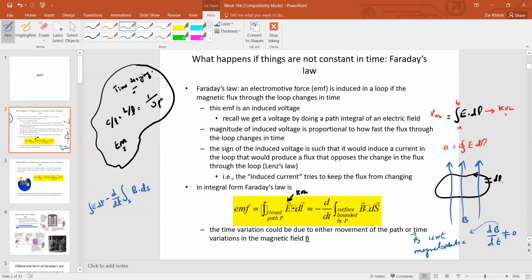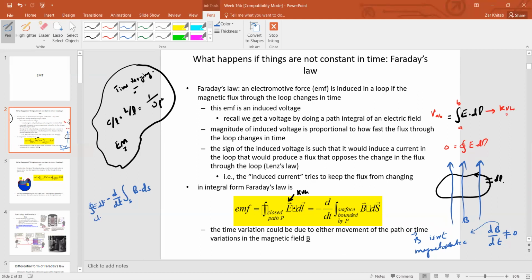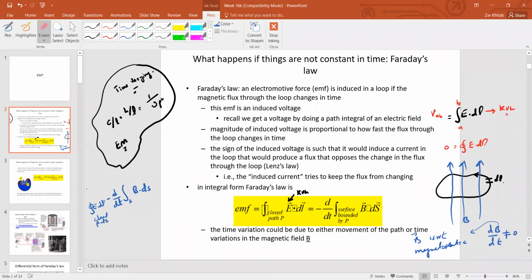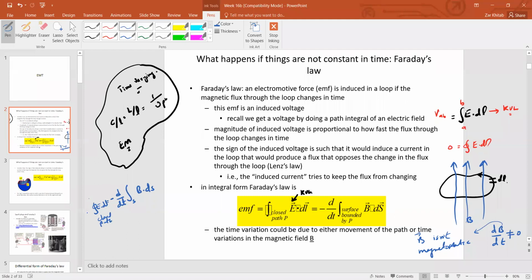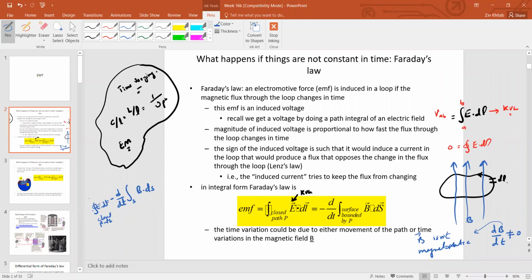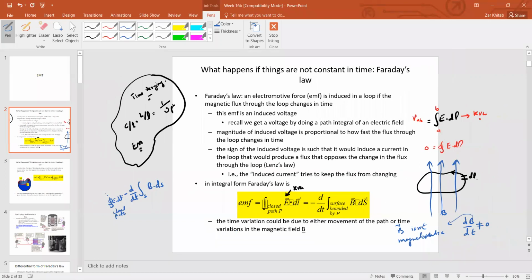Electric voltage in a closed loop, remember, closed path. And we call this thing the EMF.